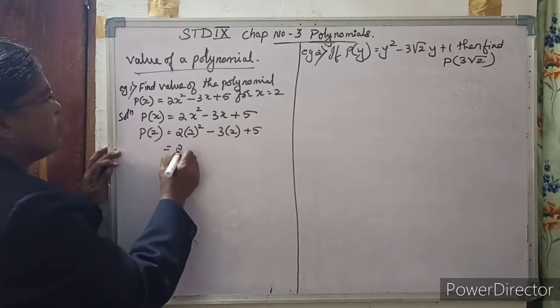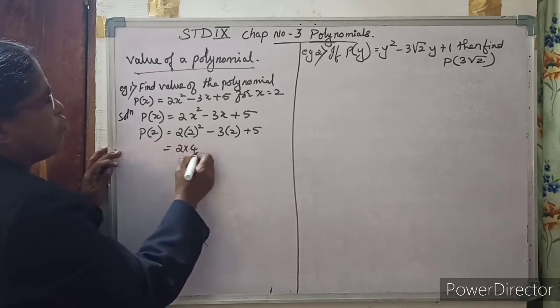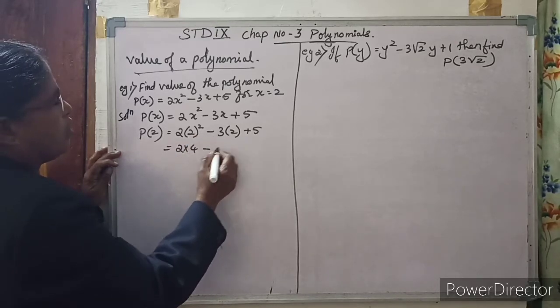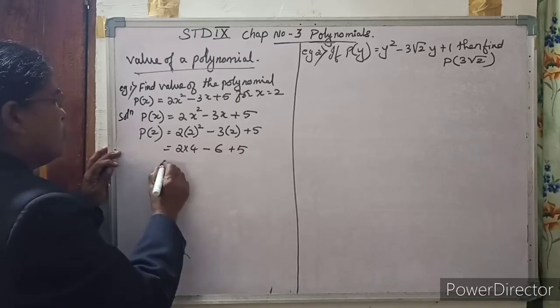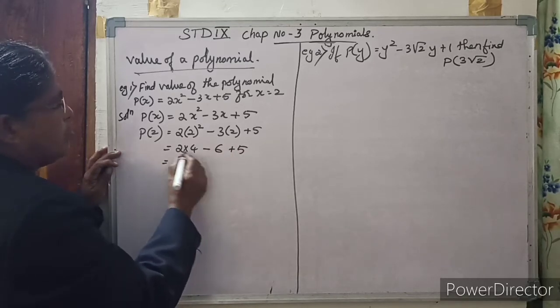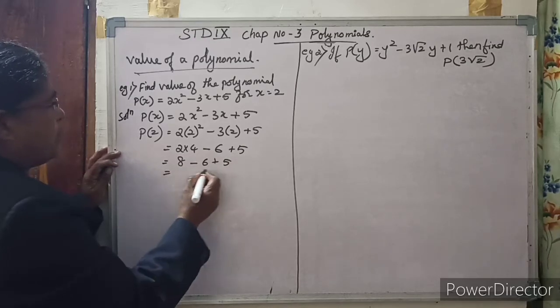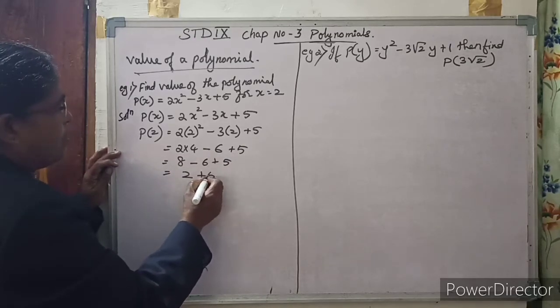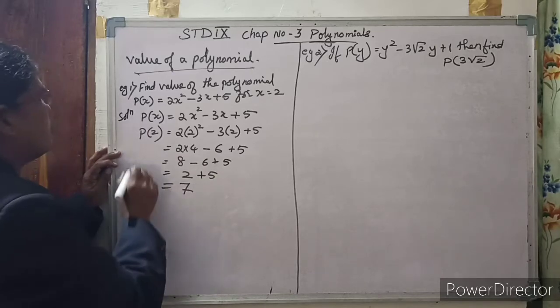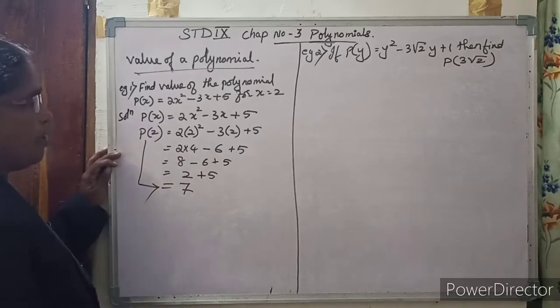This equals 2 into 4 minus 6 plus 5, which is 8 minus 6 plus 5. 8 minus 6 is 2, and 2 plus 5 is 7. So the value of the polynomial at 2 is 7.